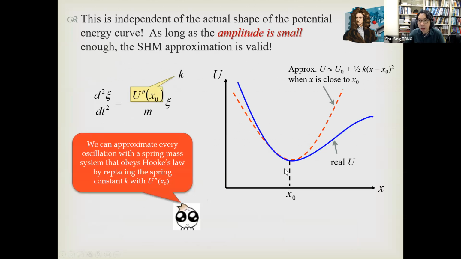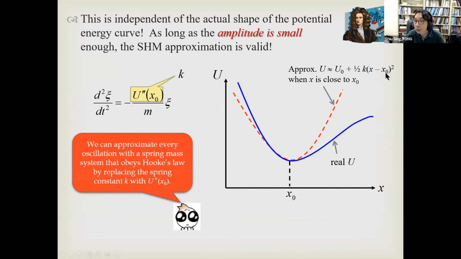Now I want you to see more pictorially, or more visually, what we are actually doing. Now a general potential energy curve may be like this. It may not be so smooth. It may not be symmetric about the equilibrium position. It may not be a very nice curve. But as long as I'm very close to this equilibrium position, I can approximate the originally very complicated potential energy curve by a quadratic function.